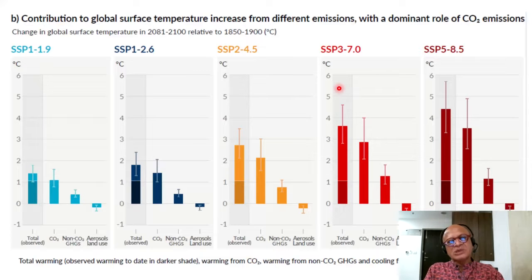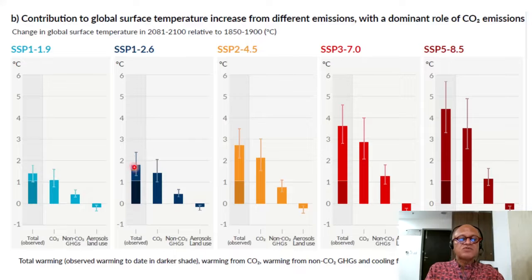And as I mentioned, the projections for the first 2-3 decades are dominated by model uncertainties, and once you go beyond 2050 to longer term, the projections tend to be dominated by scenarios. So here we are looking at change in global surface temperatures in 2081 to 2100 relative to 1850 to 1900 when we look at these numbers here.